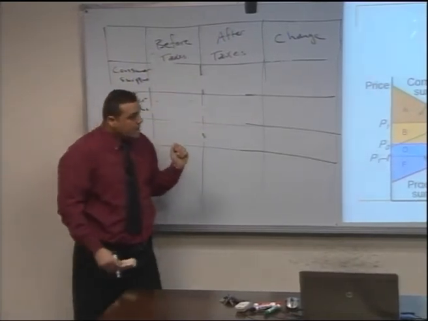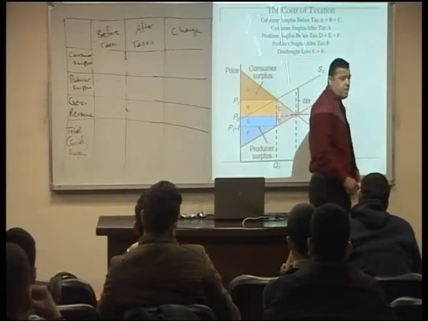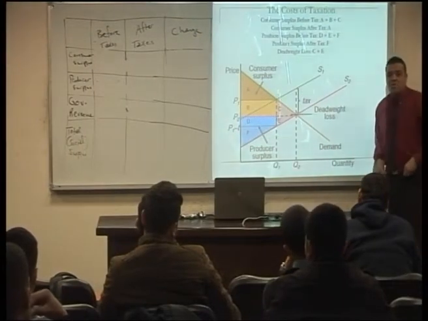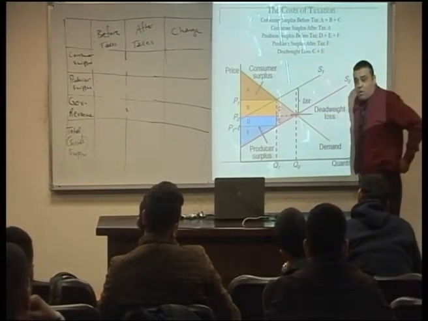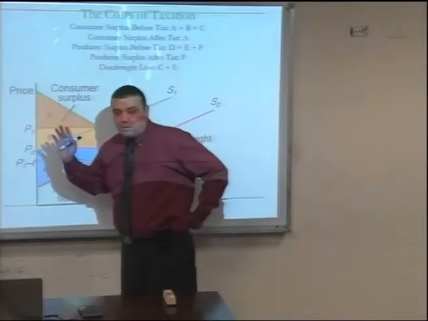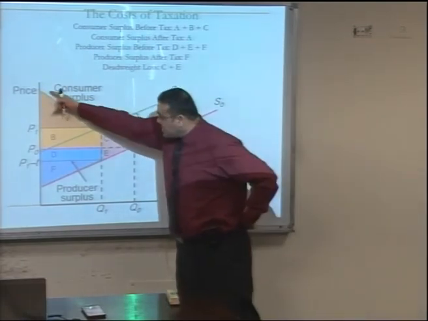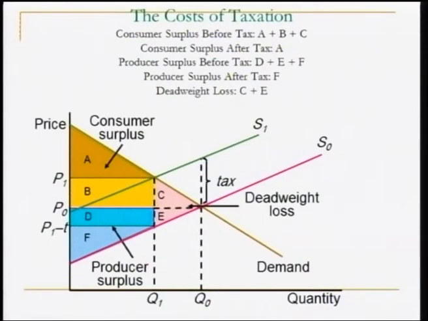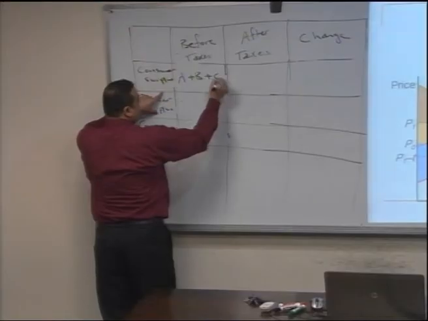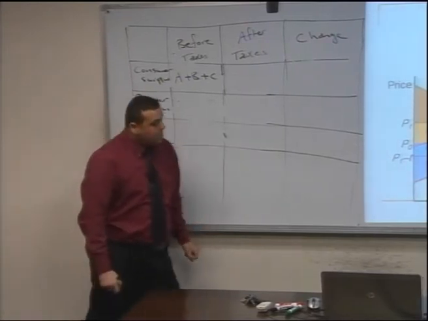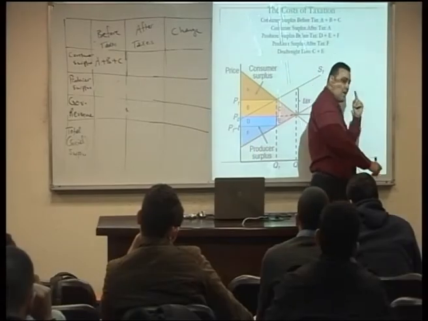Okay? Let's check the social welfare before imposing sales taxes. In the original situation, the consumer surplus was A plus B plus C. What about the producer surplus at the original equilibrium point?